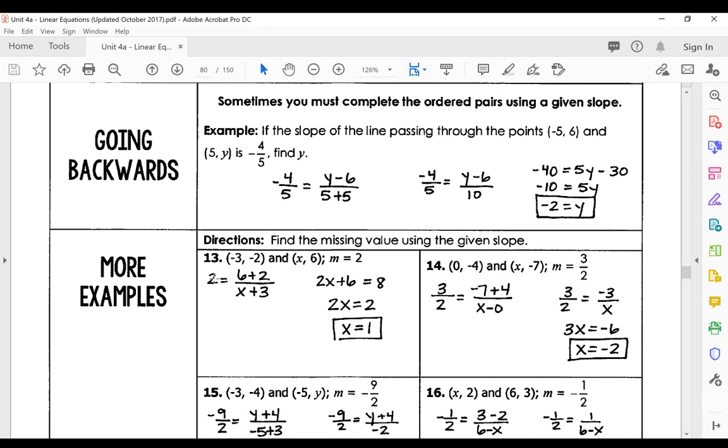Don't forget to multiply the 2 times the x and the 2 times the 3. The other part of the butterfly is this invisible 1 under the 2. 1 times 6 plus 2 is just 6 plus 2, or 8. So now we have our equation to solve. We subtract 6 from each side to obtain 2x equals 2, and then we divide both sides by 2 to find that x is 1.